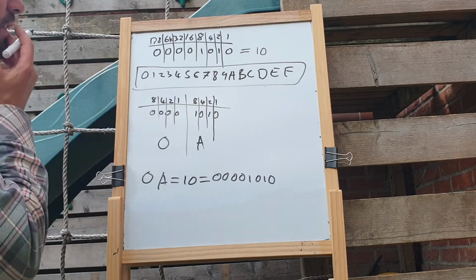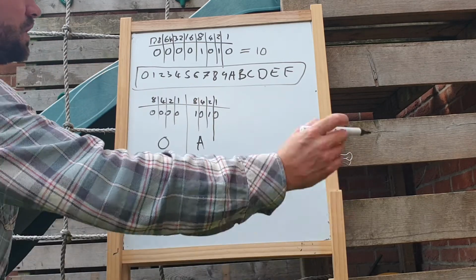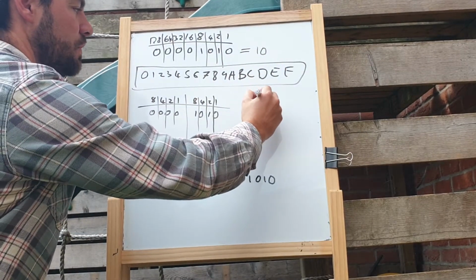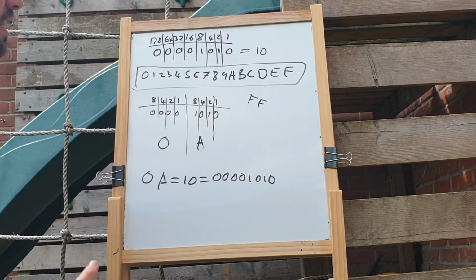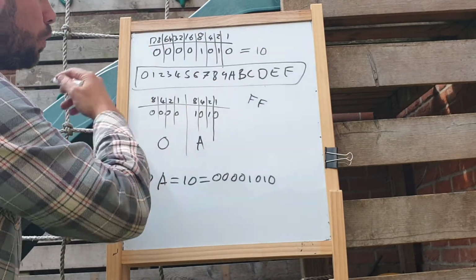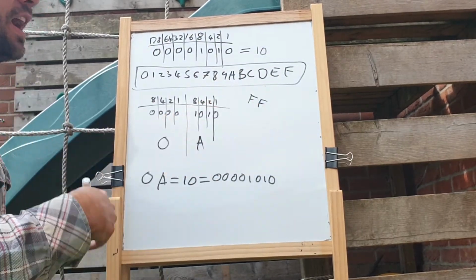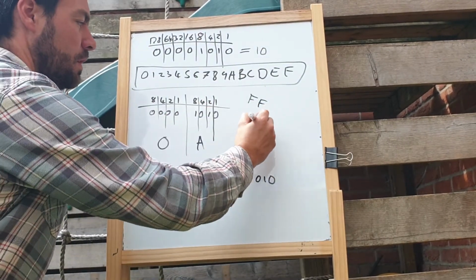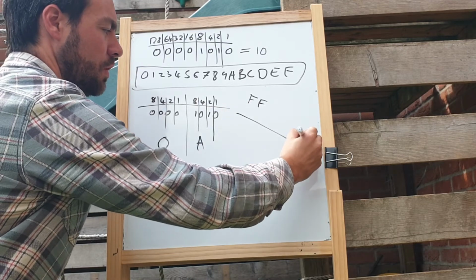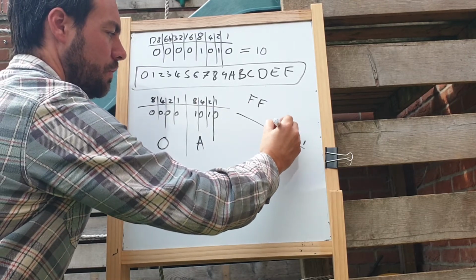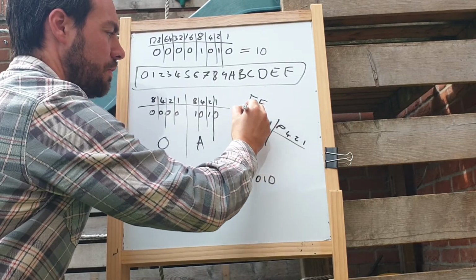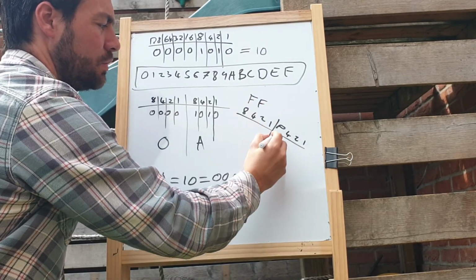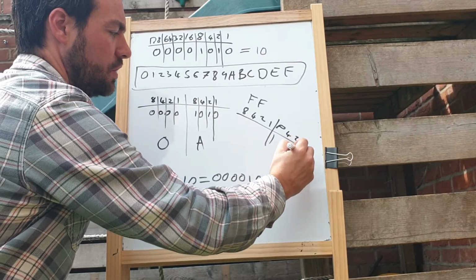Okay, well let's see what happens if we did an F and an F. And some of you are probably already shouting at the screen, saying we know, sir, that it's going to be all the possible numbers. So F has to be equal to 15. So let's break this into our 1, 2, 4, and 8. We need 1 lot of 8, 1 lot of 4, 1 lot of 2, 1 lot of 1.